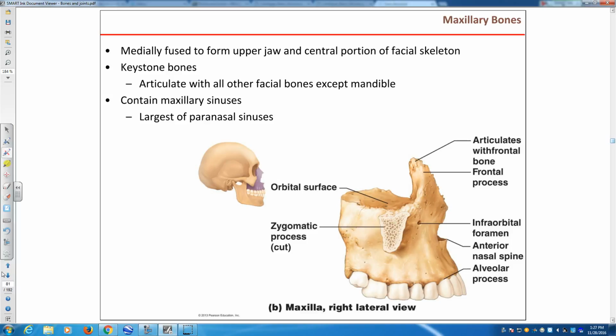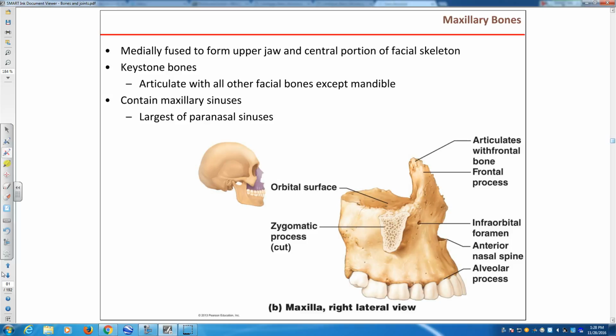Maxillary bone, the upper jaw. They develop as two independent bones and then fuse in the middle. So this is technically a joint, but it is ossified.